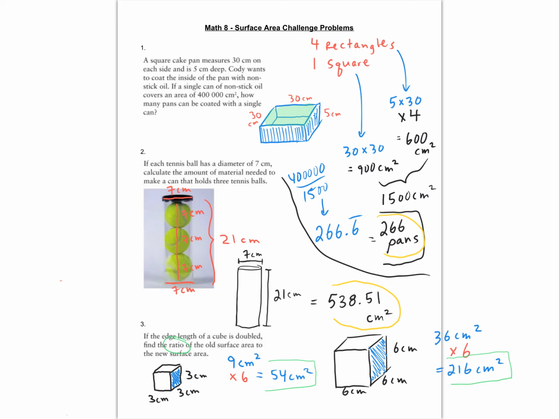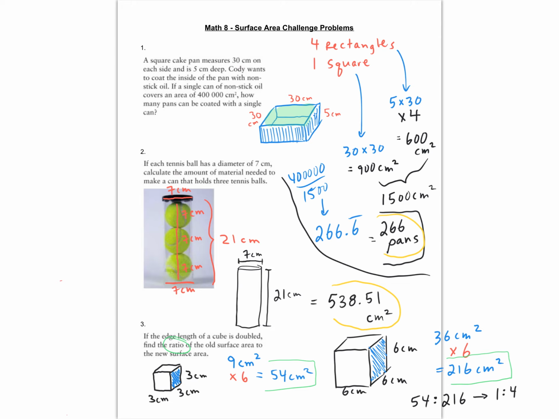Okay, so I'm just going to draw that down here in the corner. So the old one was 54, and a ratio is with those two little dots. So then we have 216. So in lowest terms, this is going to give us 1 to 4.